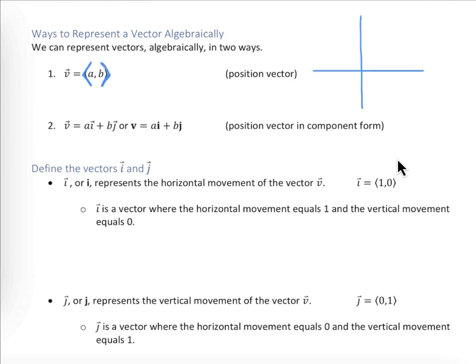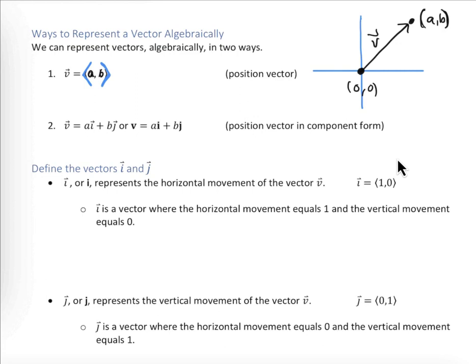When we have this pointy bracket notation, we're referring to a vector centered at the origin that has a terminal point at the ordered pair that has the same components as the vector itself, right? Pointy bracket is talking about the vector itself. Soft bracket is representing the ordered pair at which it terminates when the initial point is at the origin.